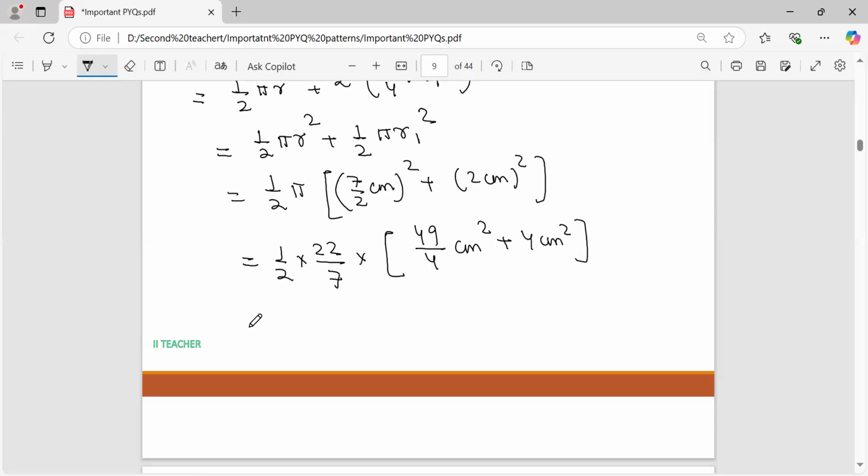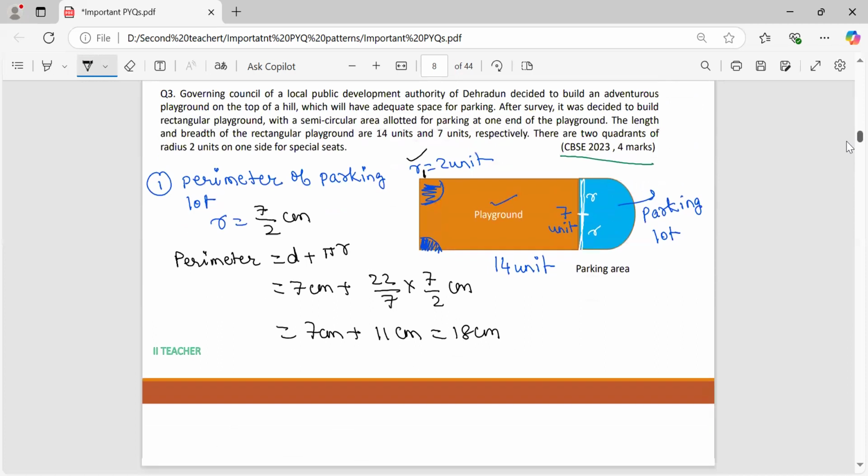So if you solve this, you will get 715 by 28 units, or centimeter square. I have taken centimeter square, but actually they have given it as unit, right? So we should actually write unit here, not the centimeter.